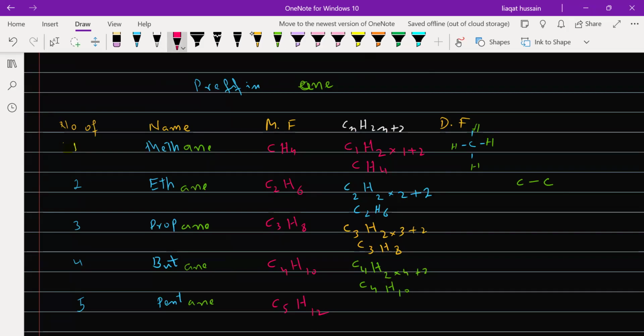And fulfill the remaining valence with the hydrogen atoms on both carbons. This is the displayed formula of ethane. And for propane, you can display it as propane.